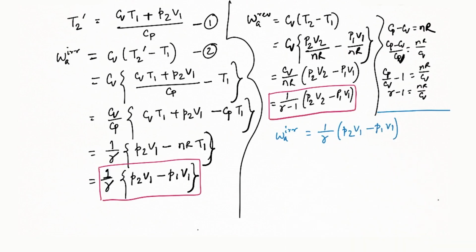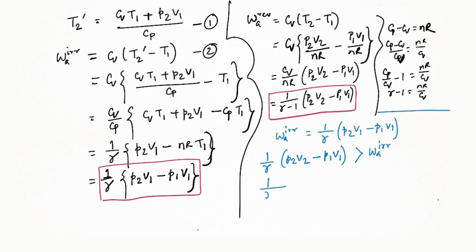Now, if I replace V1 by V2, since V2 is larger in volume, that will be a bigger quantity. So, we can write 1 by gamma (P2V2 minus P1V1) is greater than the irreversible adiabatic work done. Now, we can replace gamma by gamma minus 1, which will increase it further.